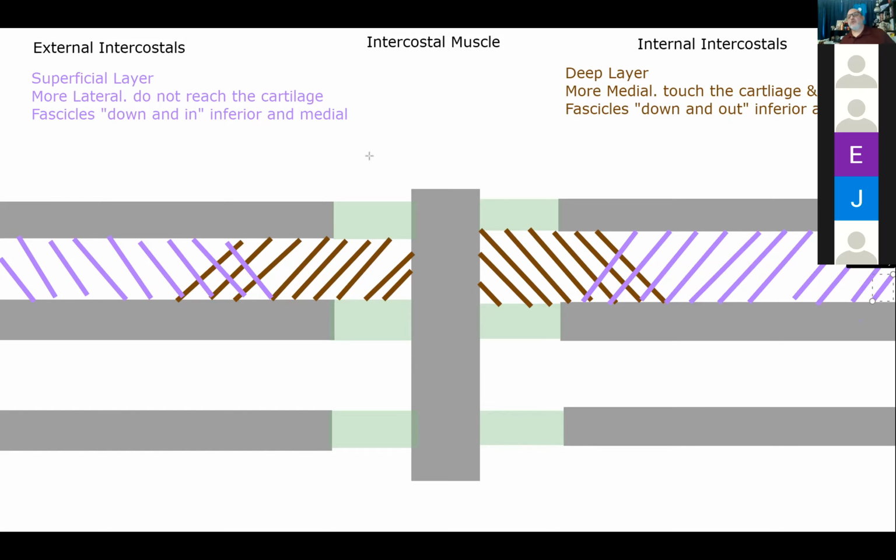Again, we don't need to know the origins and insertions of these, but we do need to be able to recognize and identify them. And we also need to know their actions. Now, as we mentioned, our intercostal muscles are accessory respiratory muscles.